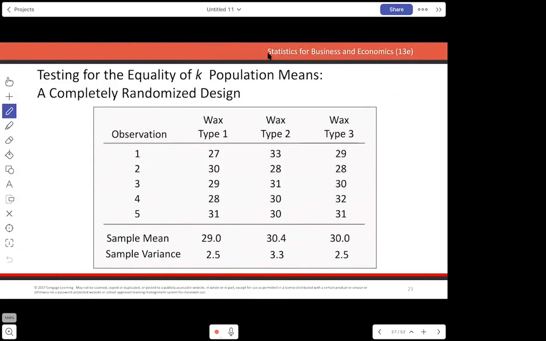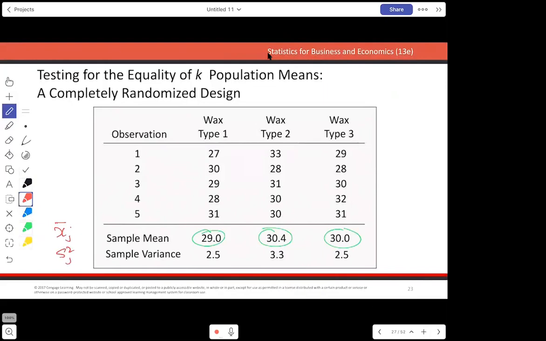In that case, we would have an experiment involving 3 different levels. It doesn't have to be just 3, it could be 4. We would need the sample mean for each of those. And remember, columns are J, rows are I. So the sample means are X bar J, and the sample variances are S squared J. How can you find the sample variances?